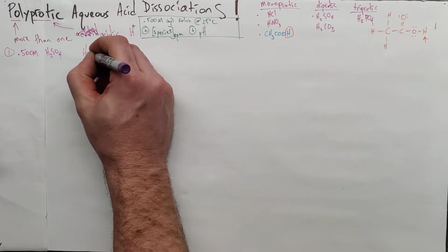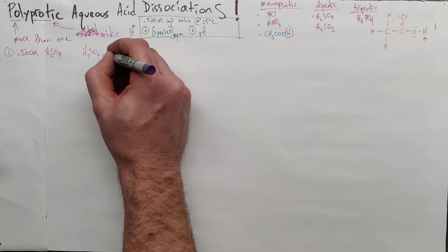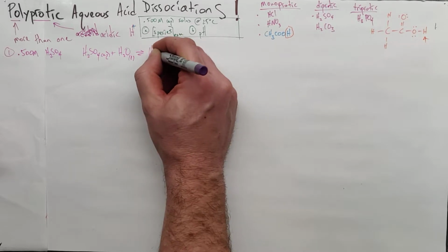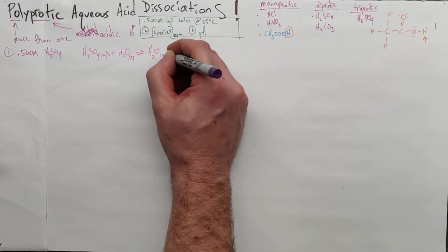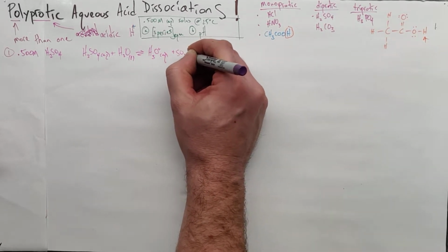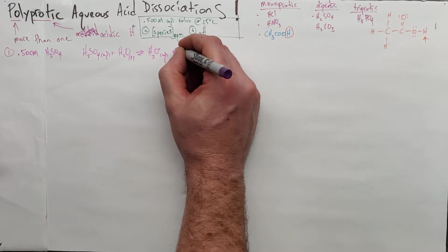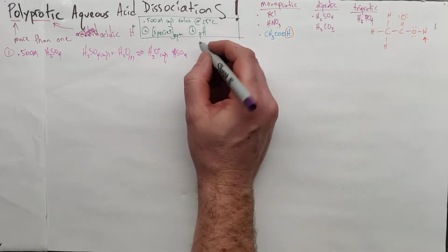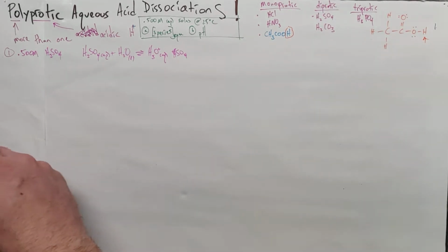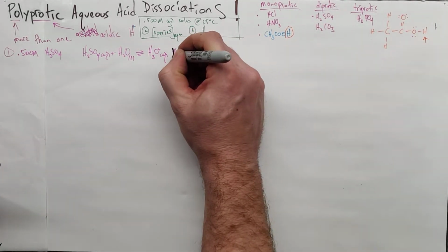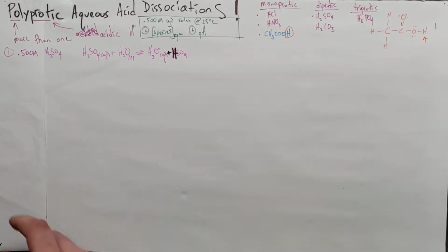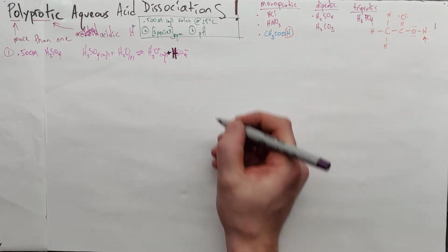We've got H2SO4 in water. We're going to get the hydronium ion and the hydrogen sulfate polyatomic ion.